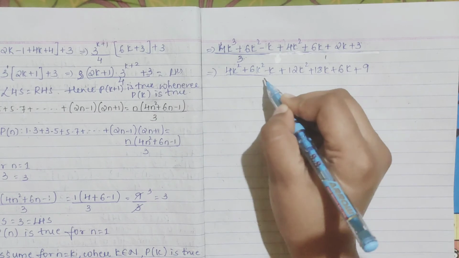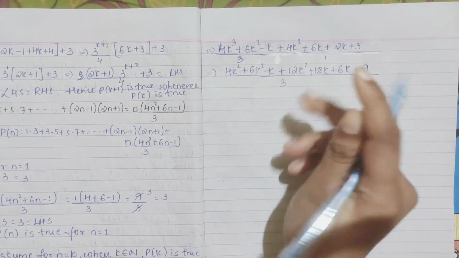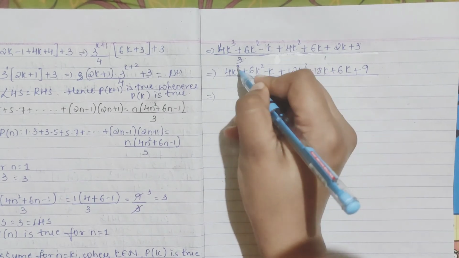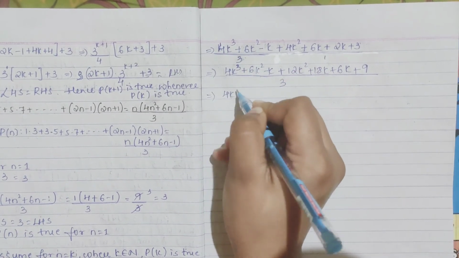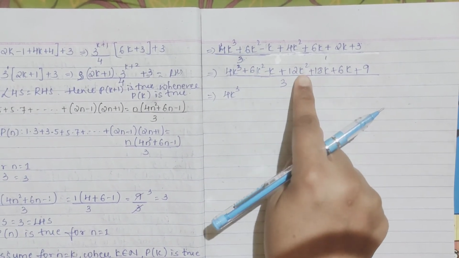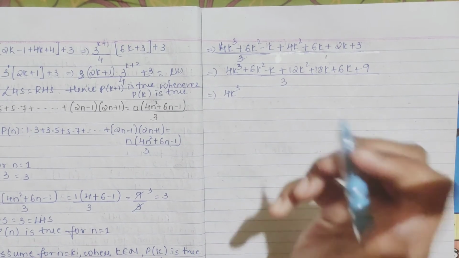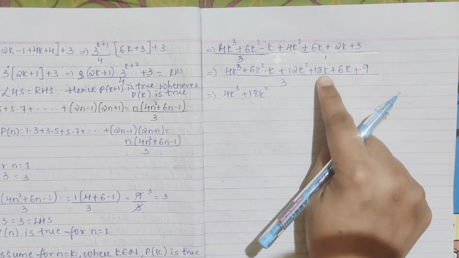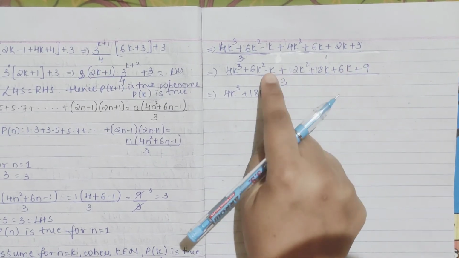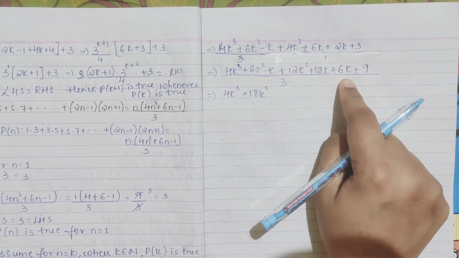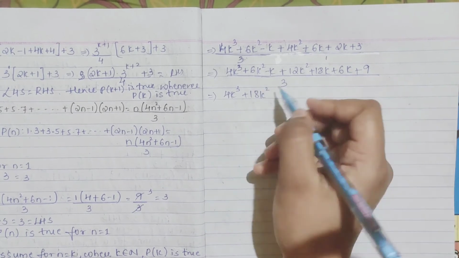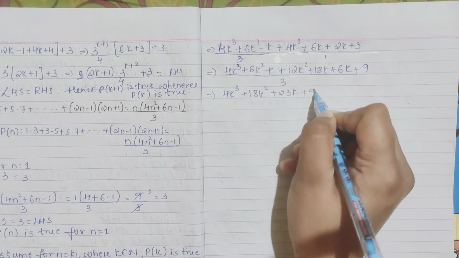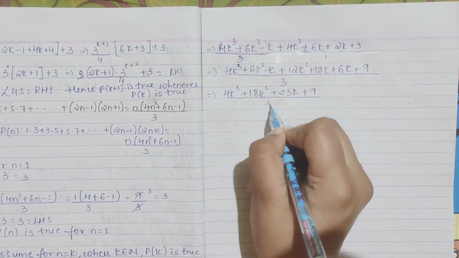And then whole divided by 3 because 3 is our LCM. Next, this is 4k cube, right? So 4k cube, 6k square plus 12k square, plus 18k square. Then 18k plus 6k minus k, 18 plus 6 you will get 24k, 24k minus k will be 23k, and plus 9, whole divided by 3.